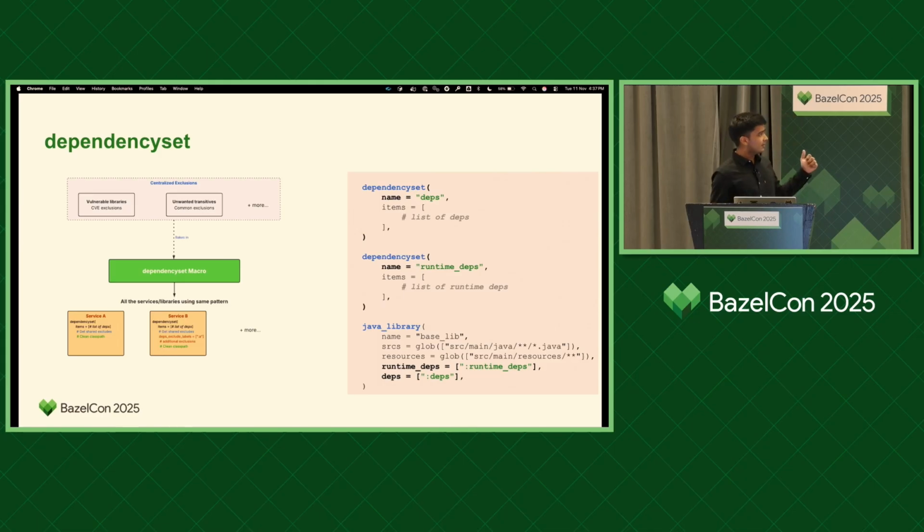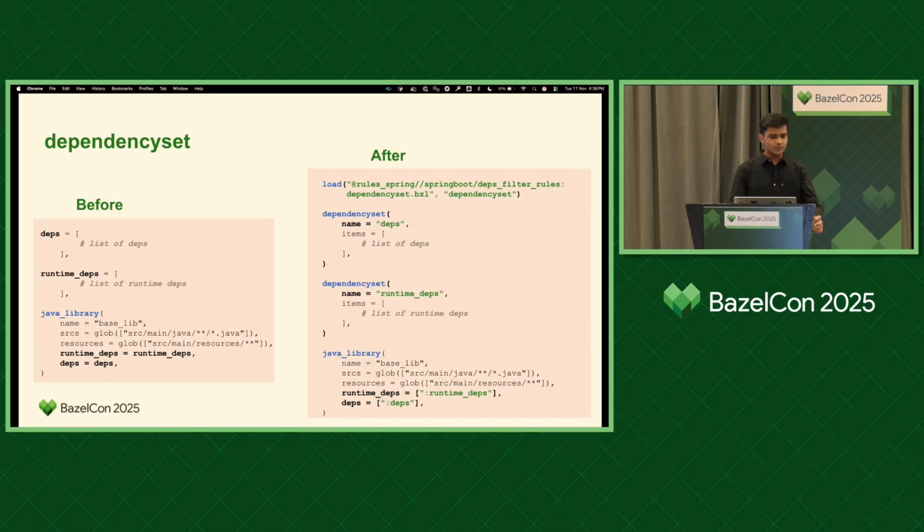So all the build files follow the pattern shown on the right side, that is deps, runtime deps are instance of dependency set, and once this is applied to the whole repository, then all the services will share the same set of exclusions. So before we had deps, runtime deps as lists, now we have them as an instance of dependency set.